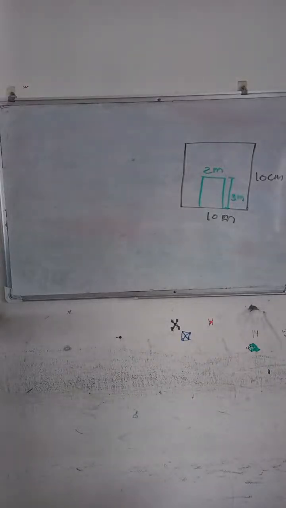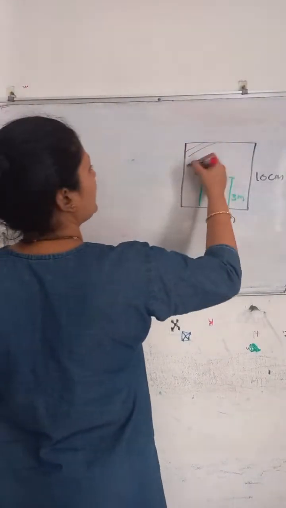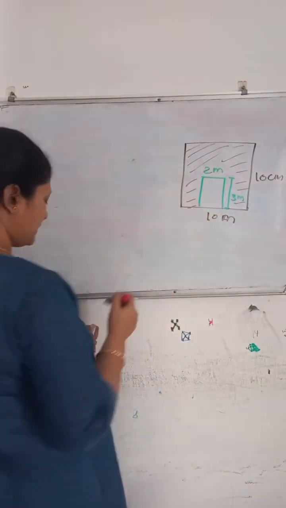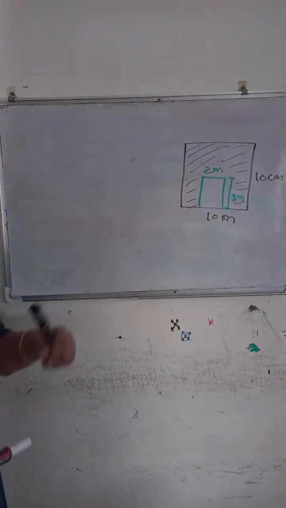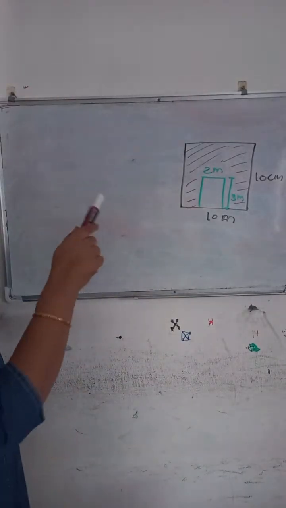So how to calculate here? They want to paint this wall. So we have to see the shaded part they want to paint. This is a rectangular shaped door, and a square shaped wall.